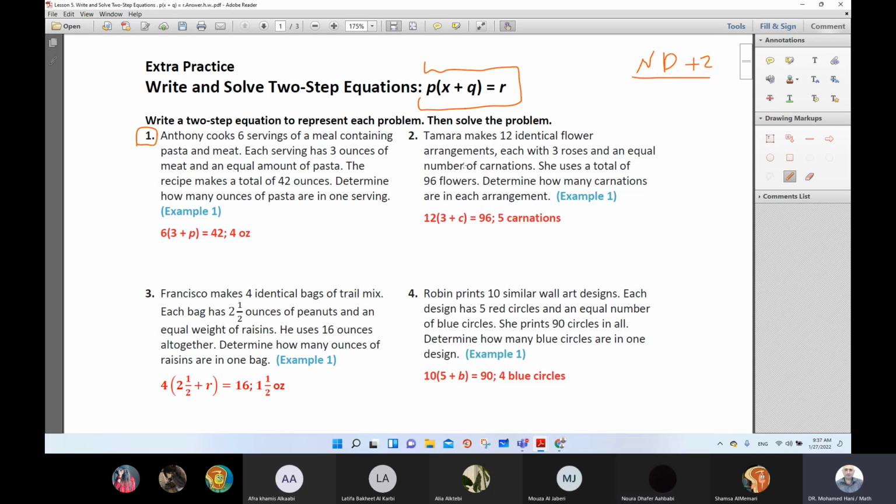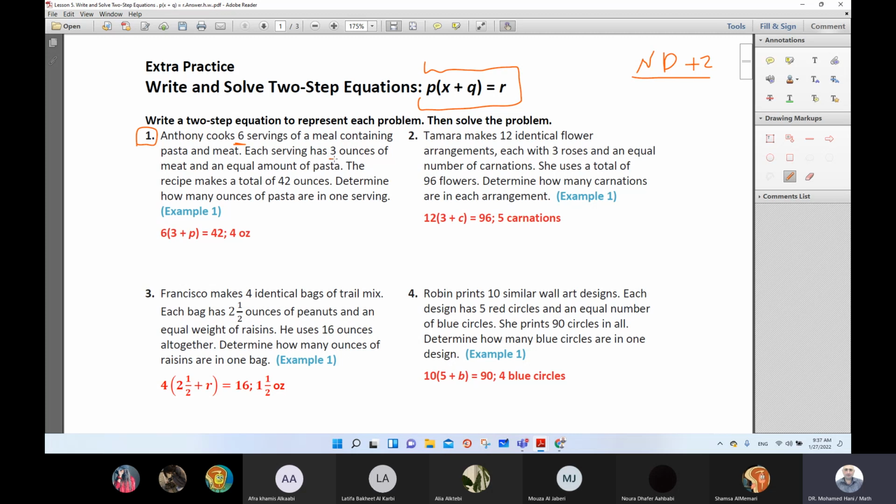Great work. So we want to write an equation from this problem, then solve this equation. As you see here, cooks 6 servings, so write 6, then open parentheses. Here we have a meal containing pasta and meat.